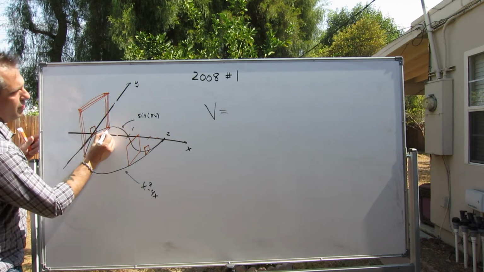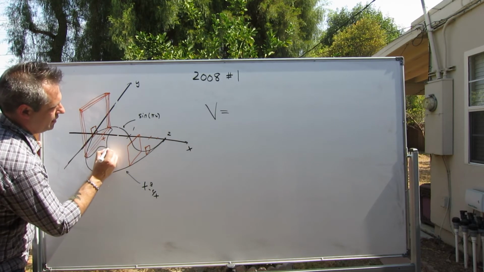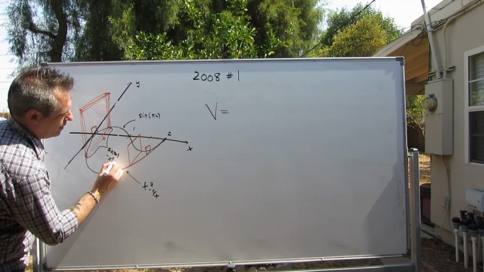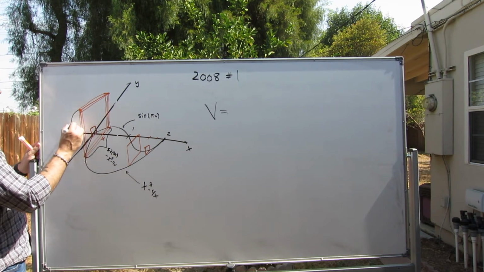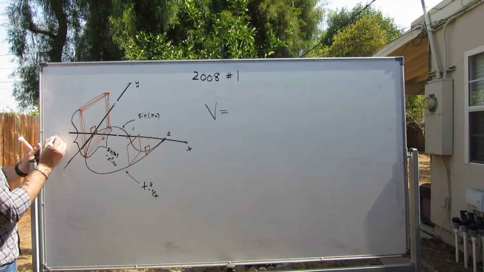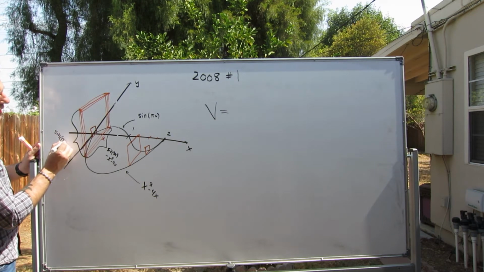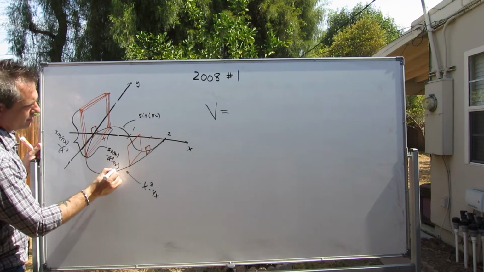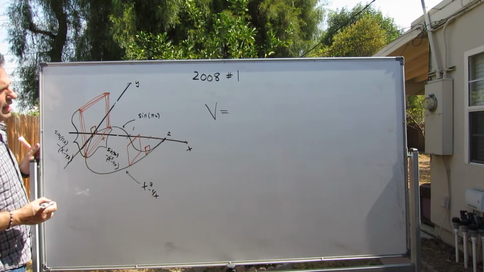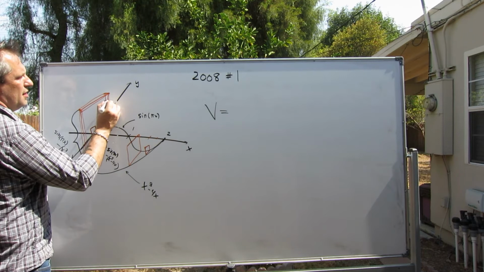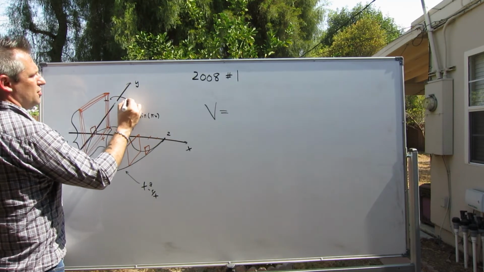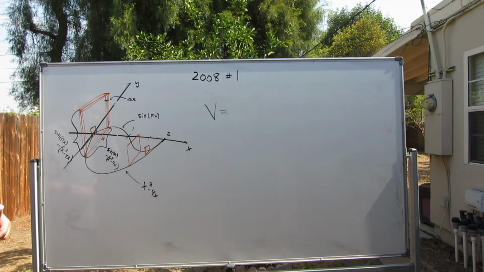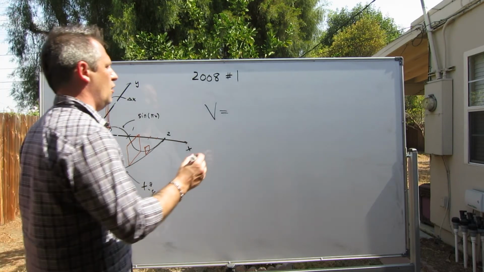In other words, this distance right here is sine of pi x minus x cubed minus 4x, and that's exactly what this height is as well. Sine of pi x minus x cubed minus 4x. And of course, the width, this little part right here, is just a delta x, which becomes a dx when we take the integral.